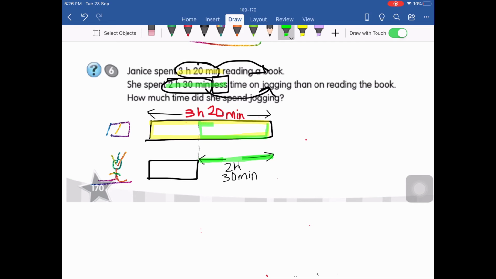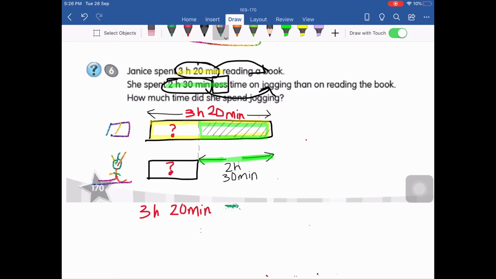So to find the time that she spent on jogging, which is this part here, which is also the same as this smaller part, we are going to subtract this part away, take it away. So 3 hours and 20 minutes, we're going to take away the green part, which is 2 hours and 30 minutes.